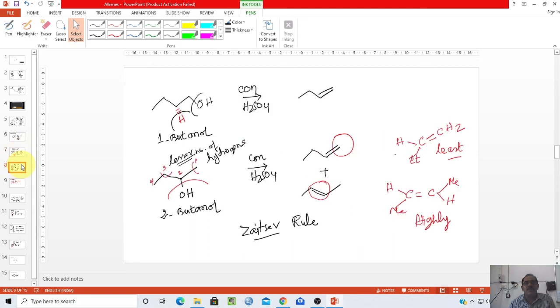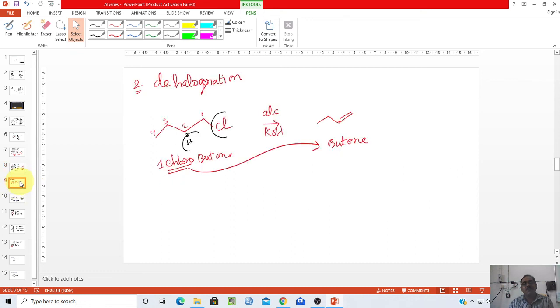Next we have seen Zaitsev rule. Hydrogen will be removed from the carbon containing the lesser number of hydrogens. Zaitsev rule says which product will be major and which will be least.